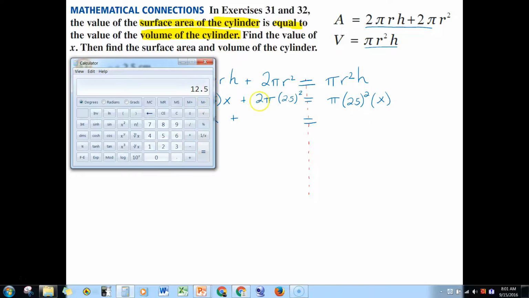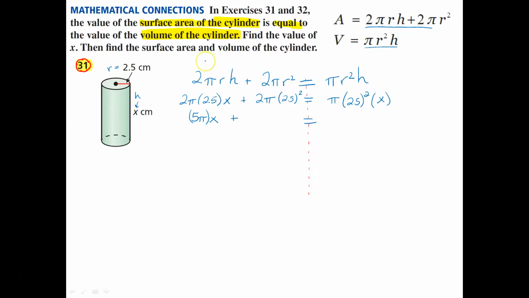So this is 12.5 pi. And that equals 6.25 pi times x, since 2.5 squared is 6.25.